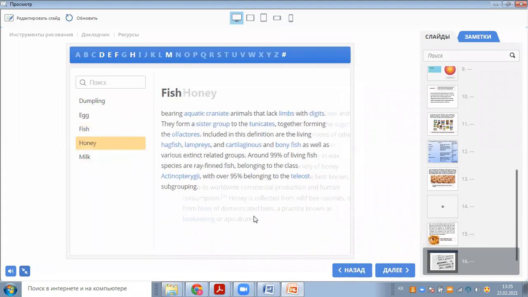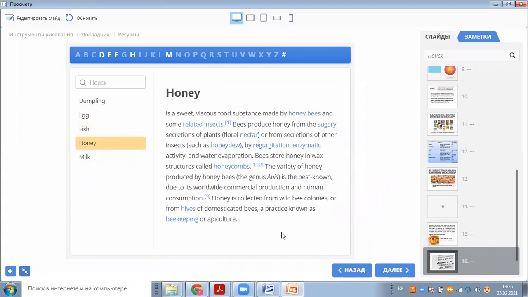And the next is honey. It's a sweet, viscous food substance made by honeybees and some related insects. Bees produce honey from the sugary secretions of plants or from secretions of other insects by regurgitation, enzymatic activity, and water evaporation.